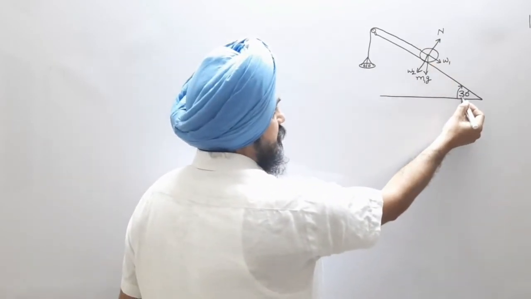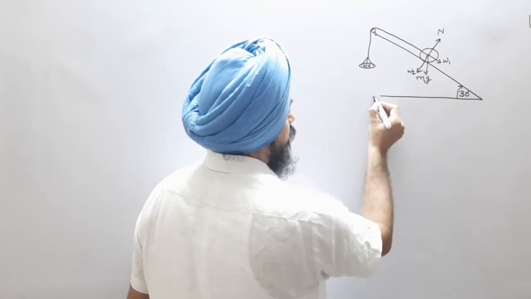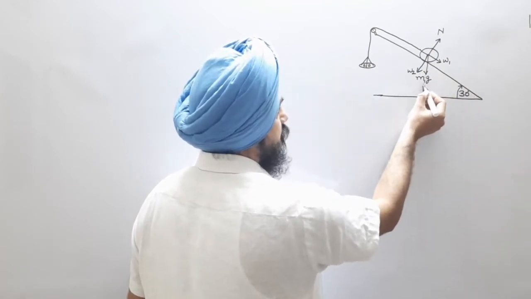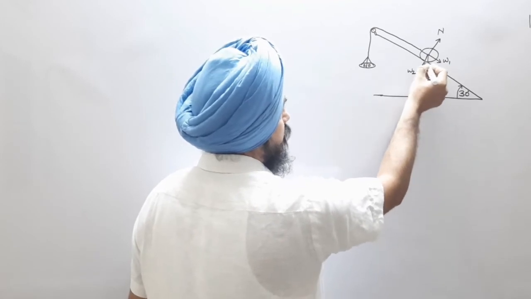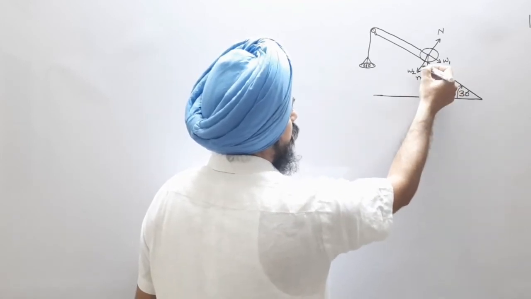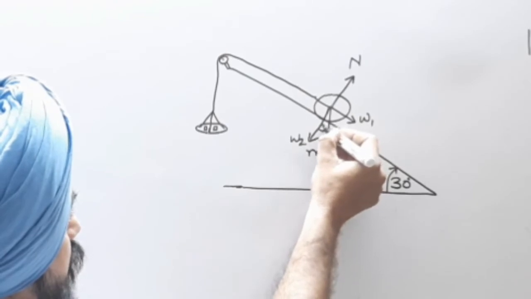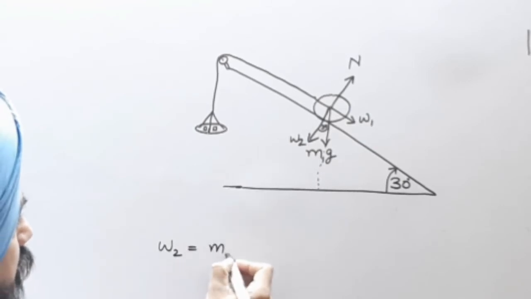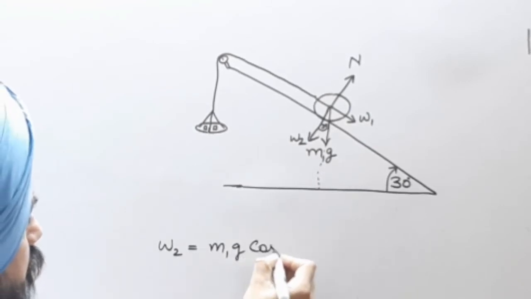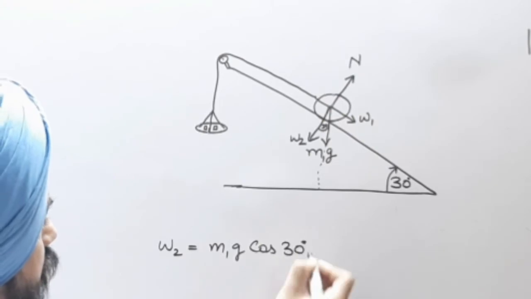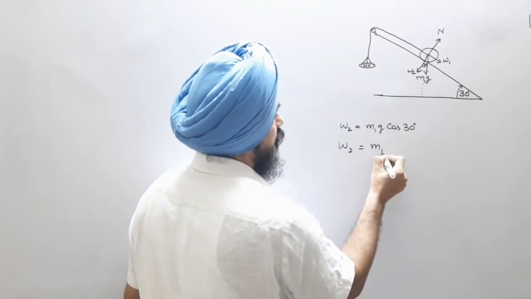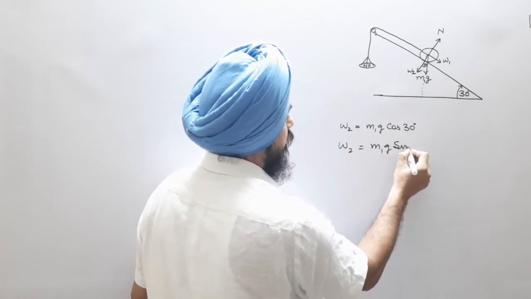Now as this angle is 30 degrees between the horizontal line and the inclined line, we will find the perpendiculars to both of these lines. So this angle is also 30 degrees. Therefore W2 is M1G cos 30, and W1 will be M1G sin 30 degrees.